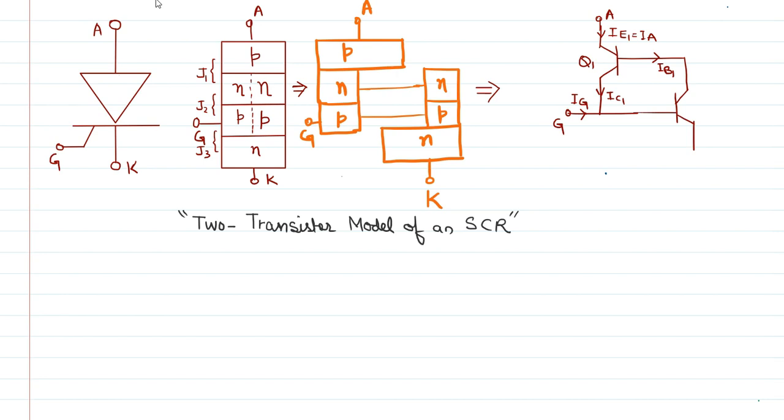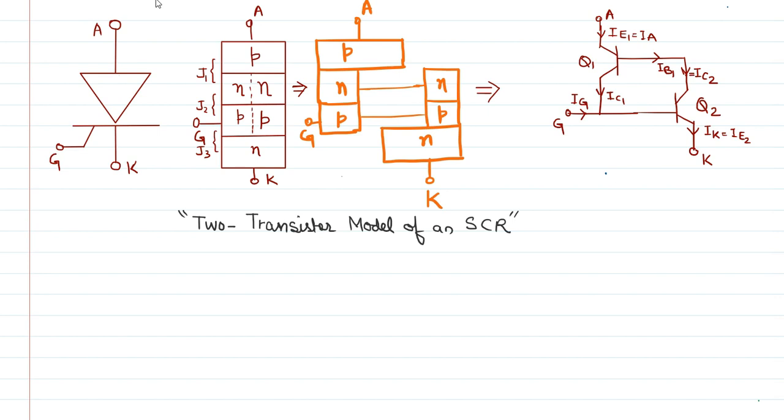This IB1 is nothing but the collector current of the second transistor, because it is NPN, so it is IC2. Finally, current is collected from the cathode terminal, and this current is IK, which is also equal to the emitter current of the second transistor, IE2. So this is transistor Q2.